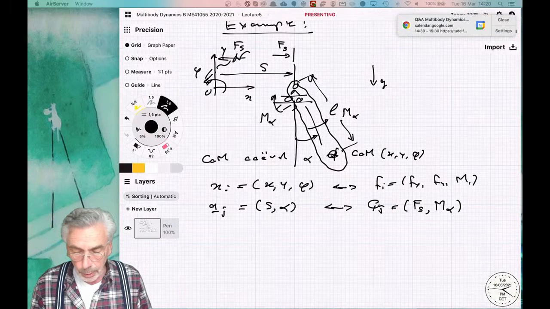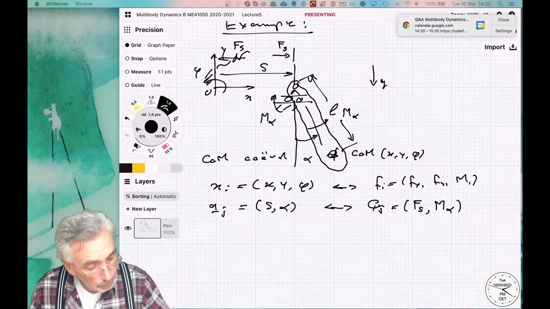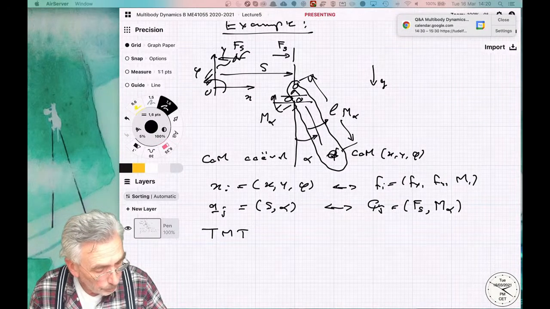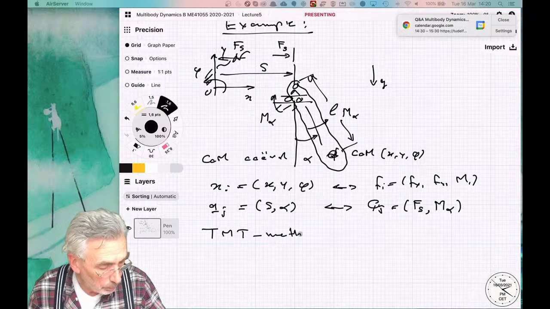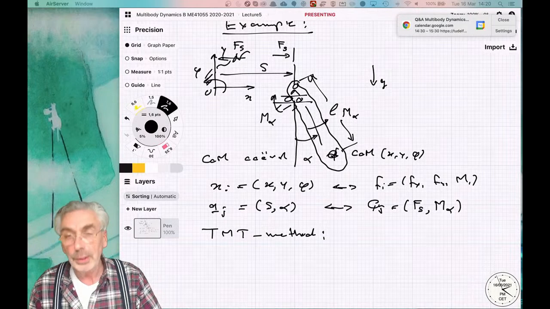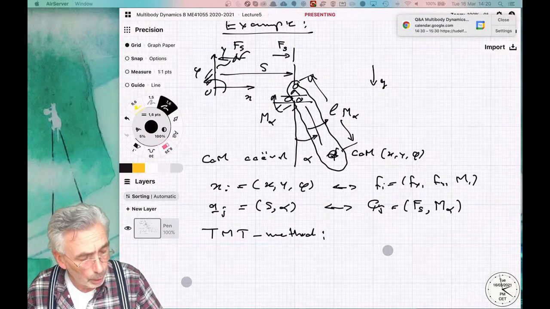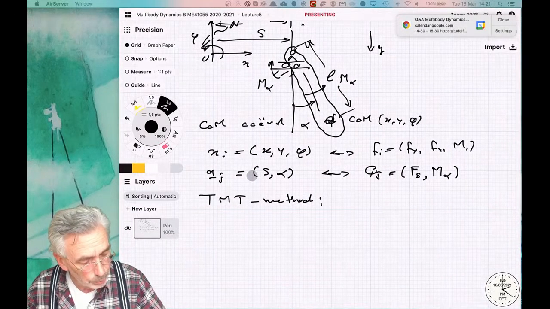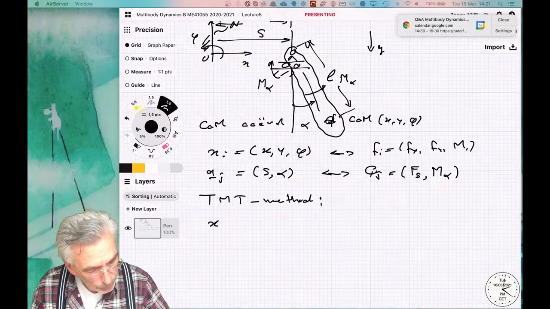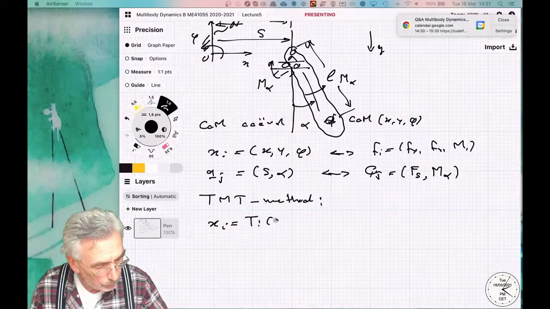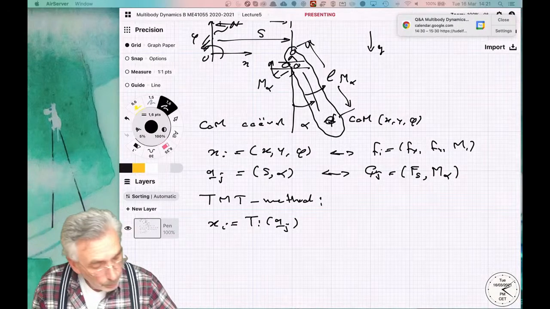Having defined that, for the TMT method, what do we have to do? That is the example now I'm going to do. Well, we have to define this transformation. We have to define our coordinates in terms of these generalized coordinates. So I have to say xi is some Ti of qj, which in our case is simple.